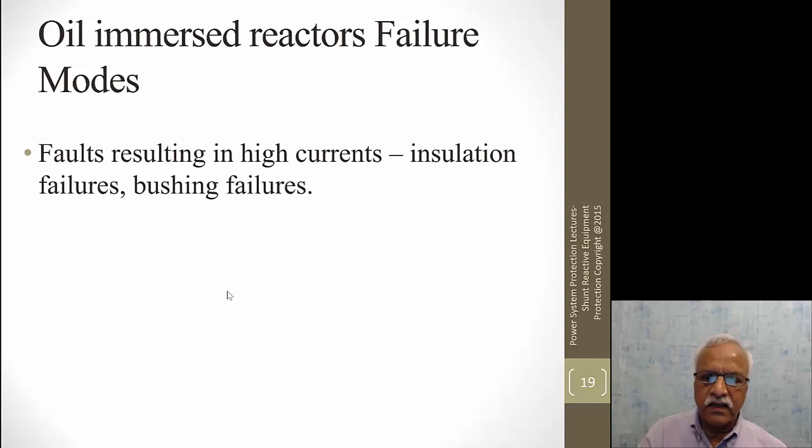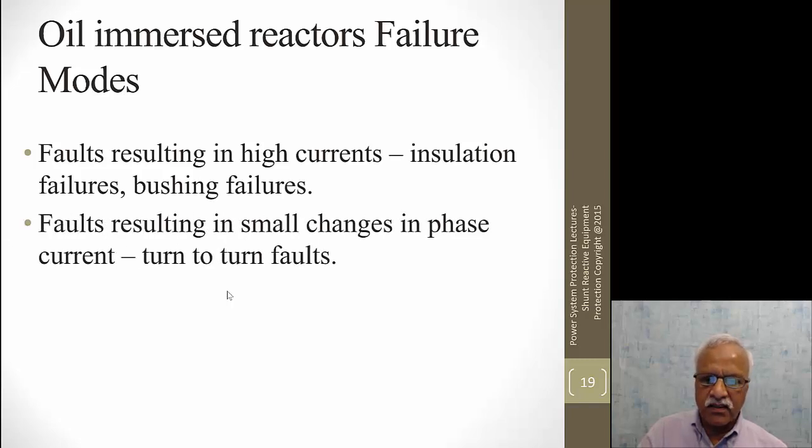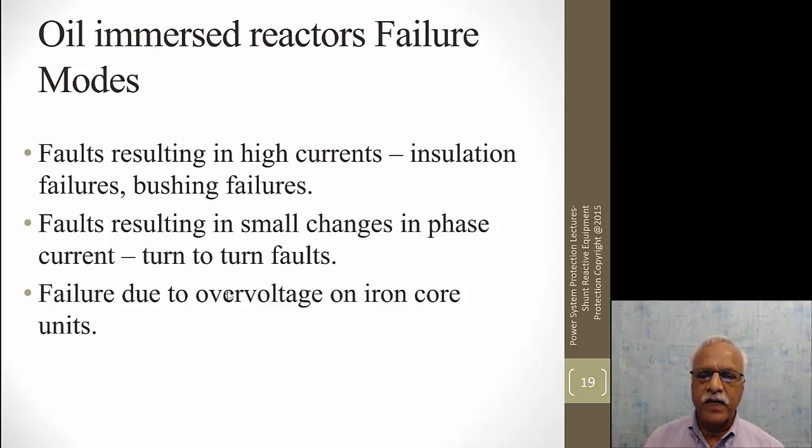Coming back to these failures, there's a small change in phase-to-phase current. If there is a turn-to-turn fault, you cannot detect it from phase-to-phase current, and that causes failures. And because it is a magnetic core, higher voltages produce overfluxing, and then it causes failures. These are used to pull down the voltage, but the compensation, the magnitude of the megavar, may not be sufficient to pull down the voltage within the specified limits.